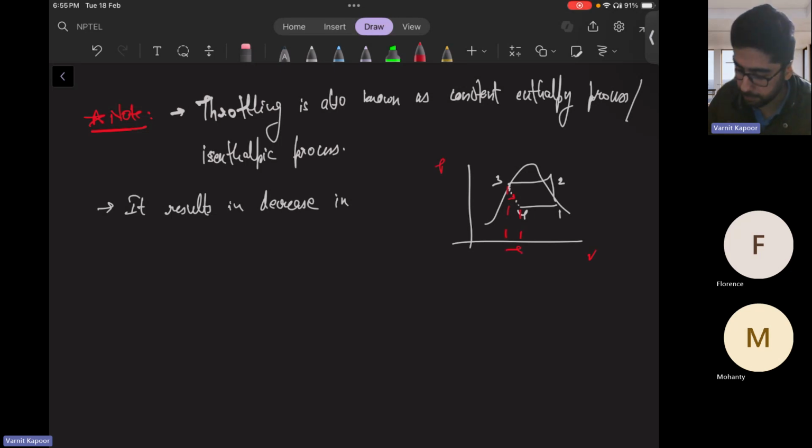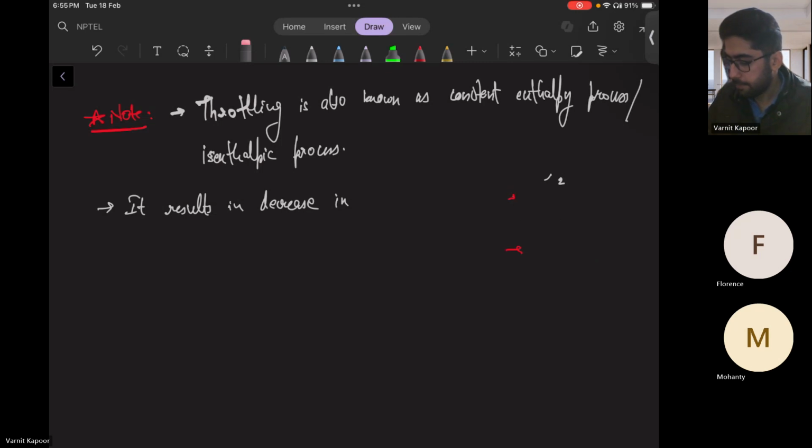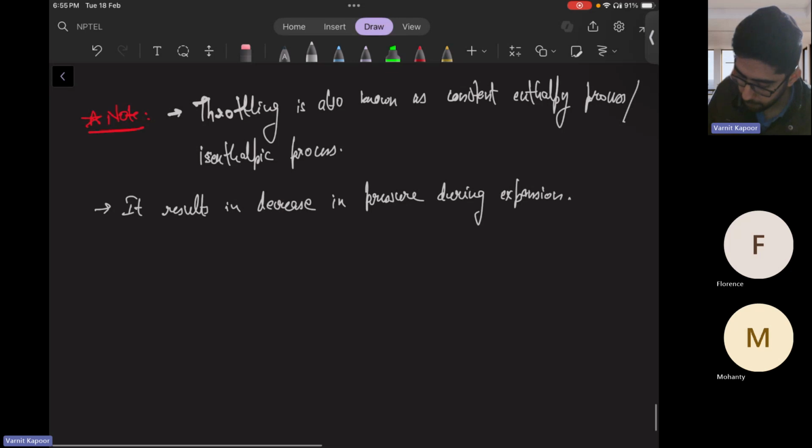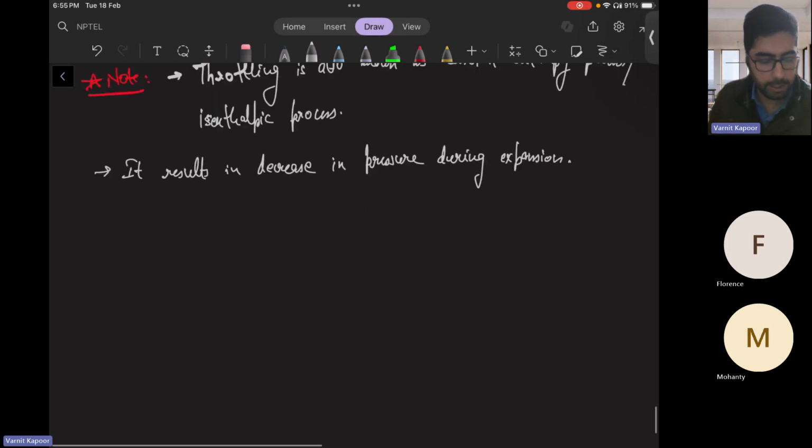Just for your reference, I'm saying. Decrease in pressure during expansion, and it's an irreversible adiabatic process.